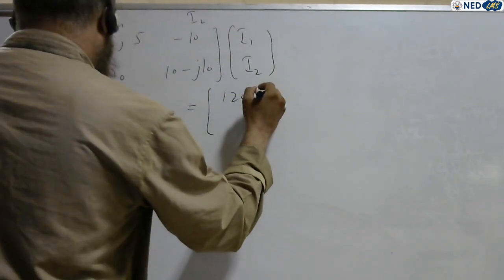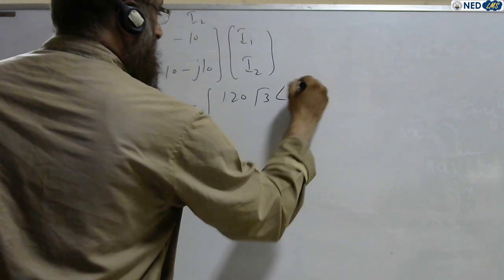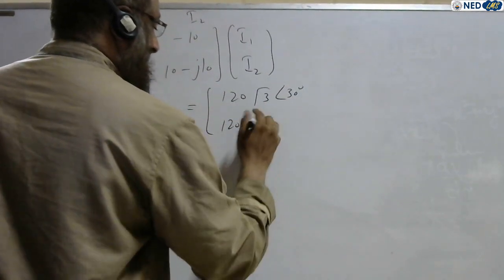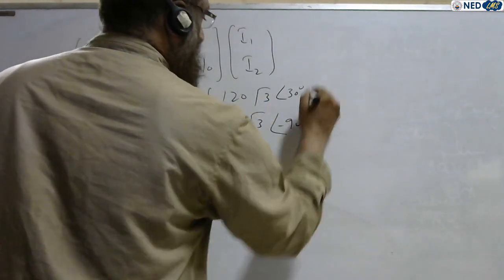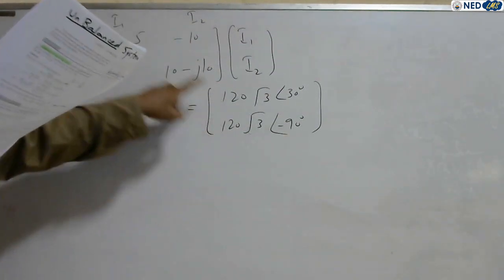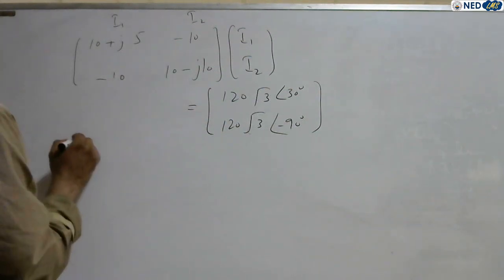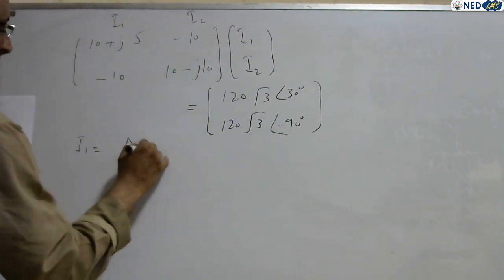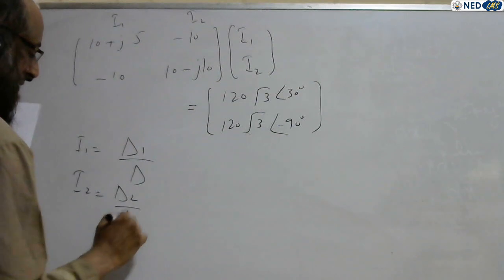The first constant was 120 root 3 times angle 30 degree, and the second constant is 120 root 3 angle minus 90 degree. So these are constants and these are currents I1 and I2. You may know this rule: I1 is del 1 over del, and I2 is del 2 over del.